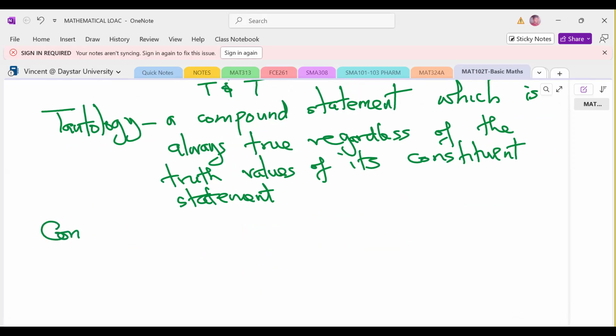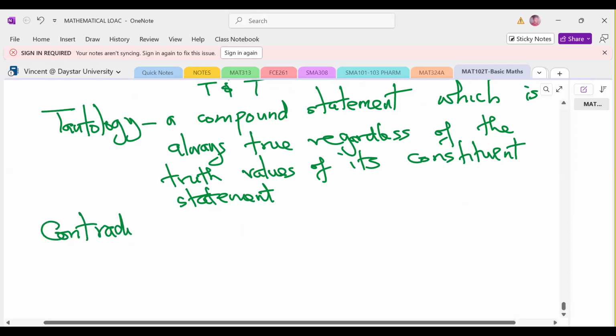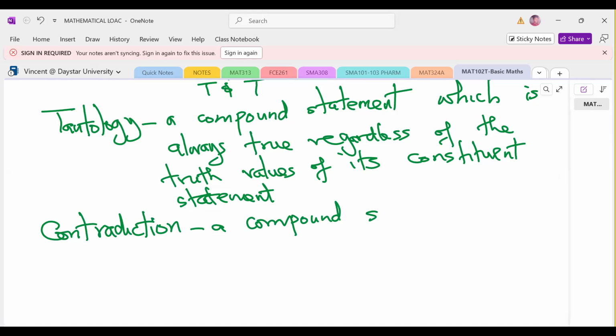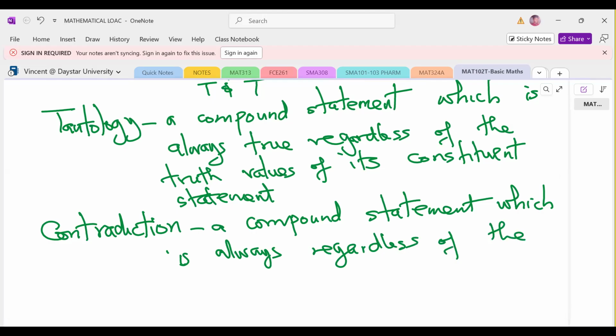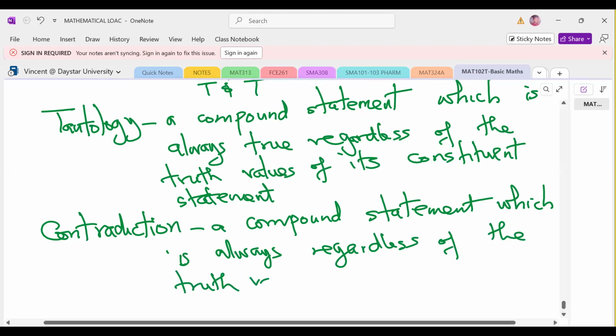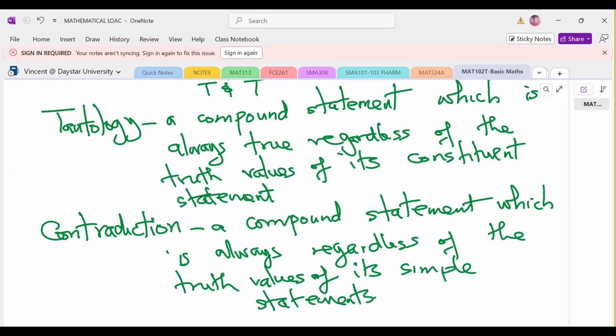It is a compound statement which is always false, regardless of the truth values of its simple statements. So the opposite of a tautology is a contradiction and vice versa. Okay?